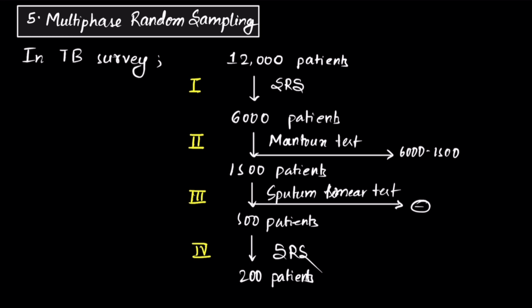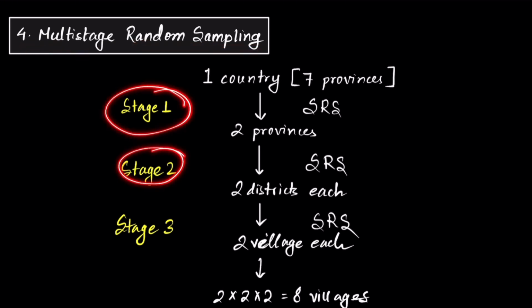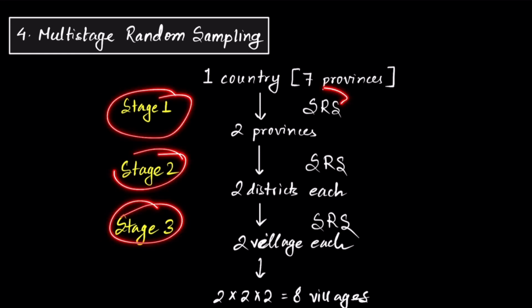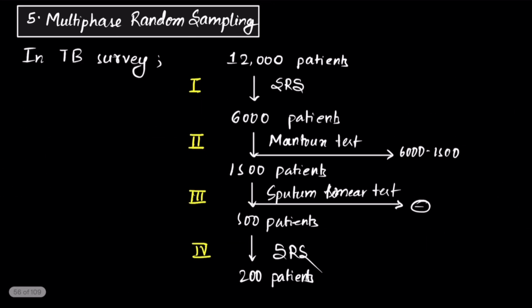So the difference between multi-phase and multi-stage random sampling is that in multi-stage random sampling, sampling is carried out in multiple stages, and in each of these stages, simple or systematic random sampling is carried out. However, in multi-phase random sampling, sampling is carried out in multiple phases, and simple or systematic random sampling is carried out only in the first and last phase of the sampling process.